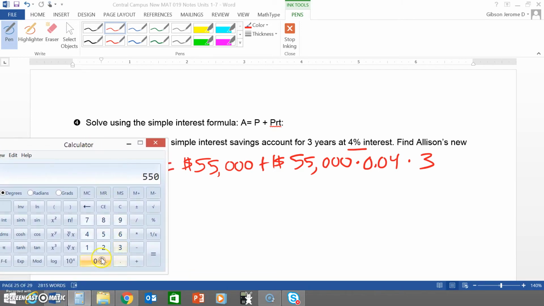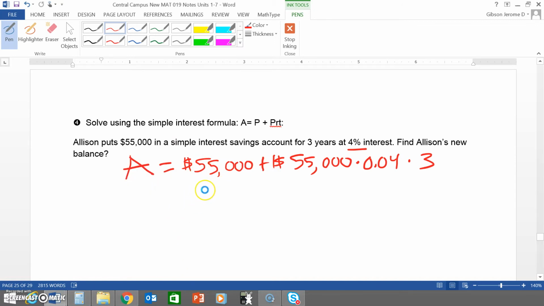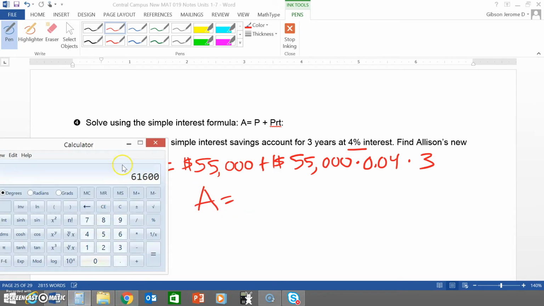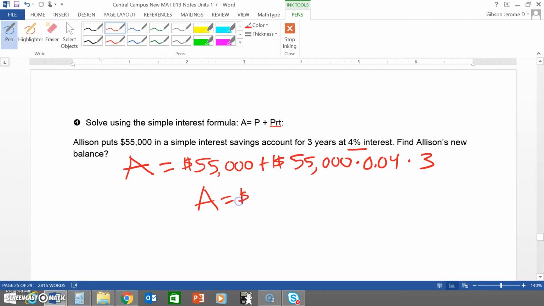We have 55,000 plus 55,000 times 0.04 times 3, and equals. So our new balance would be $61,600 after 3 years.